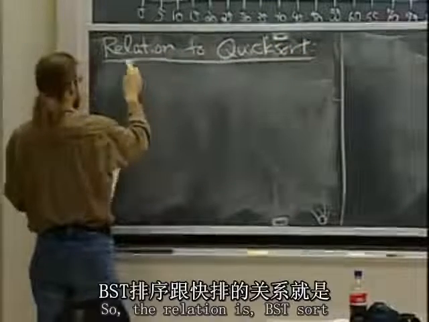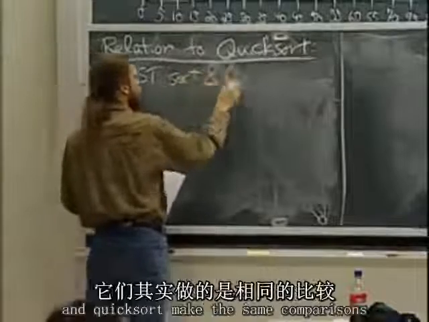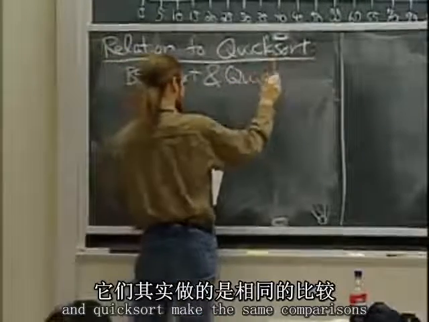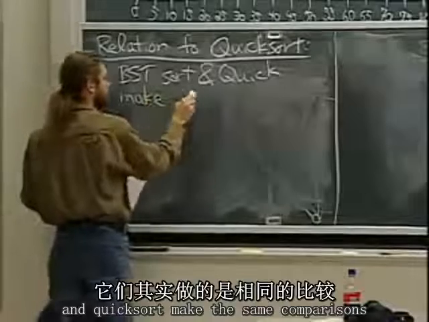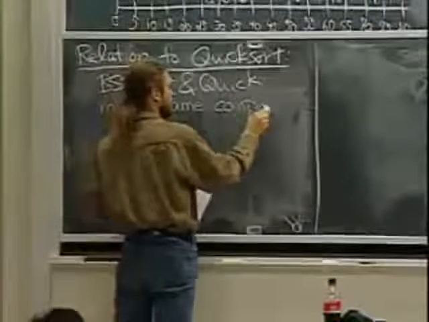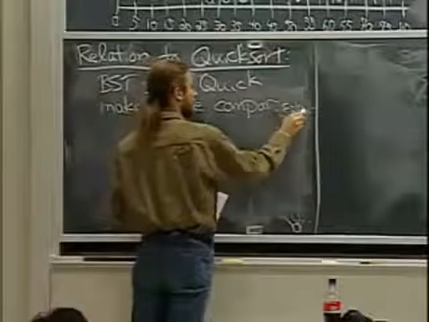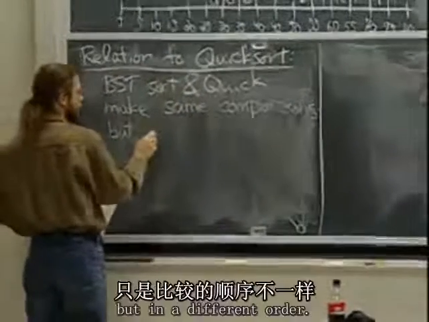So the relation is BST sort and quicksort make the same comparisons, but in a different order.